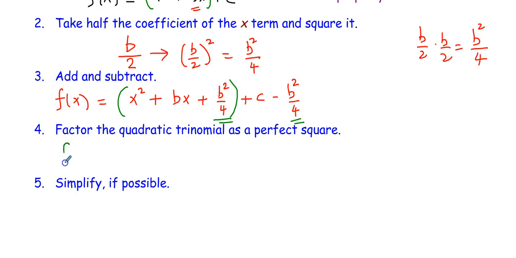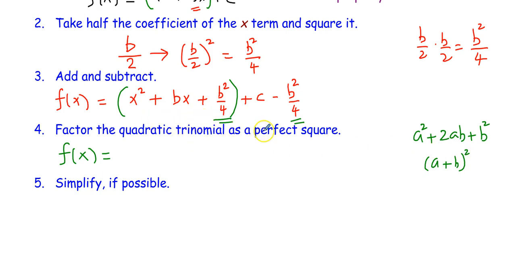That becomes f(x) equals, using the formula a squared plus 2ab plus b squared gives a plus b whole squared.